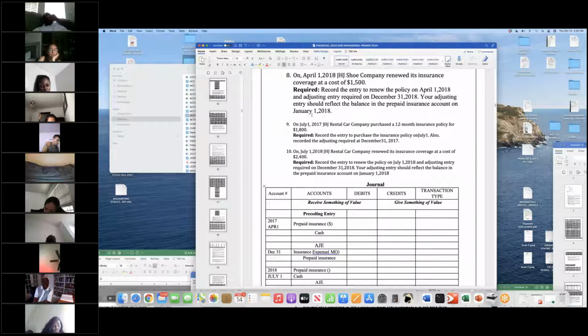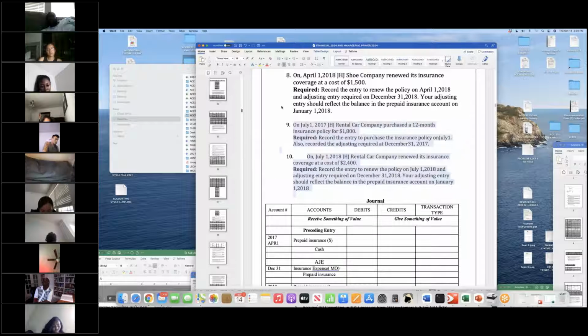So assume that on July 1st, we bought an insurance policy, a 12-month policy for $1,800.